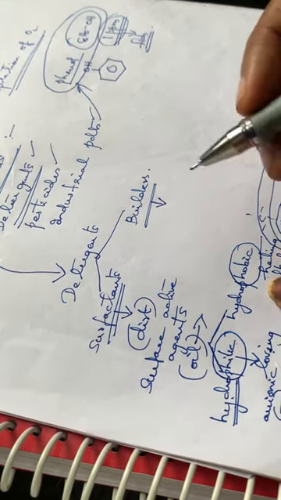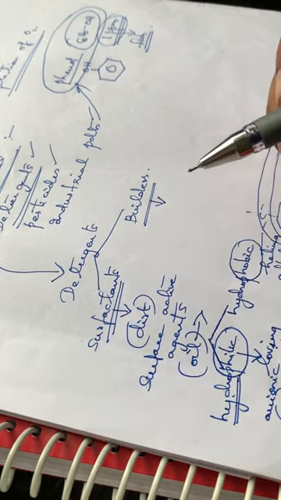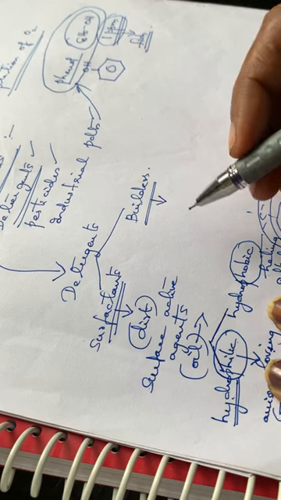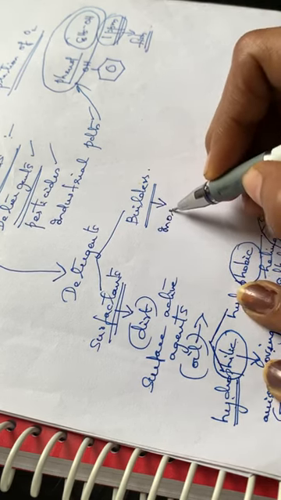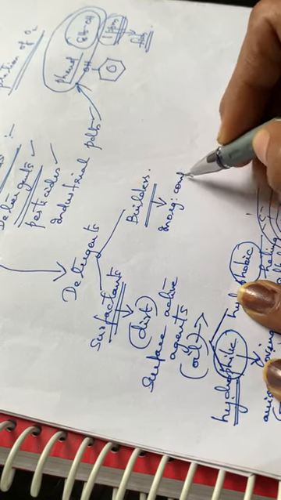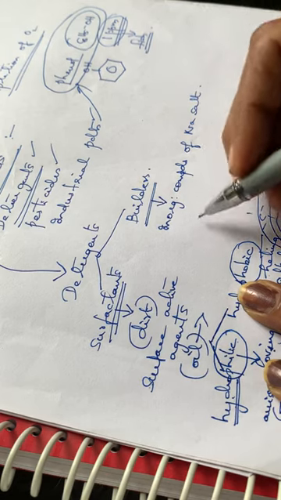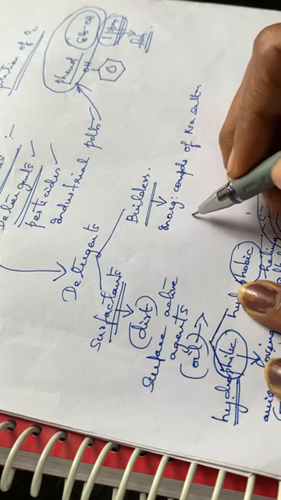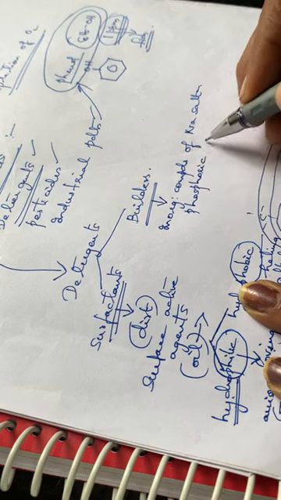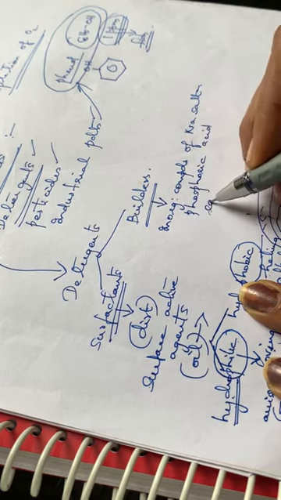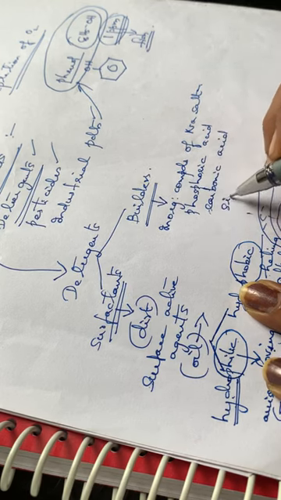Here, the builders will be helping the cleaning action of the surfactants. And usually they are inorganic compounds of sodium salts. Builders are inorganic compounds of sodium salt. It can be sodium salt of phosphoric acid, sodium salt of carbonic acid, then silicic acid.